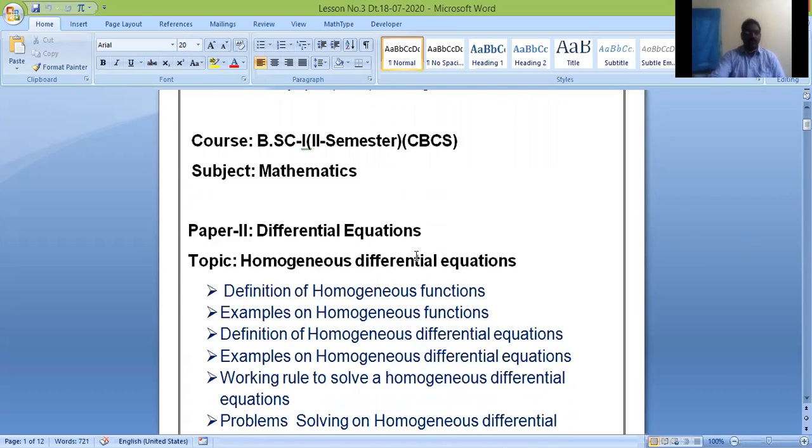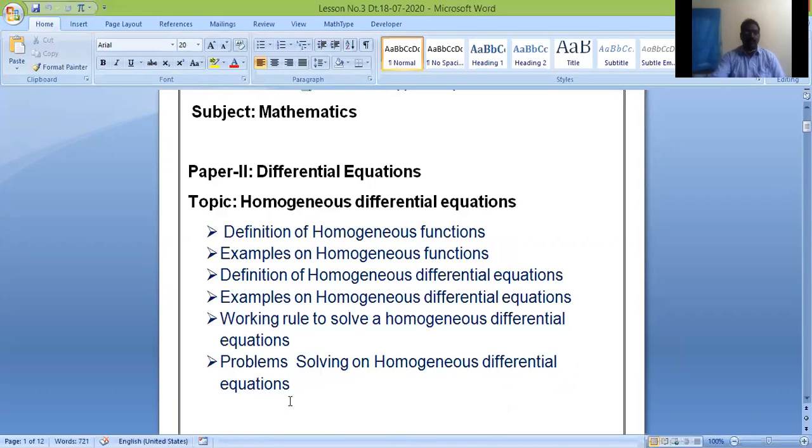In differential equations, our topics covered are: definition of homogeneous functions, examples on homogeneous functions, definition of homogeneous differential equations, examples on homogeneous differential equations, working rule to solve homogeneous differential equations, and problem solving on homogeneous differential equations.